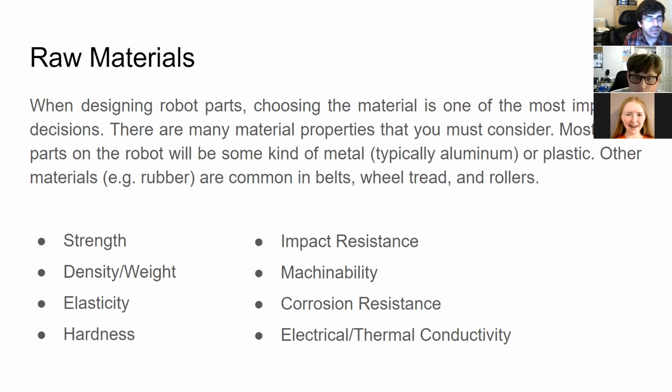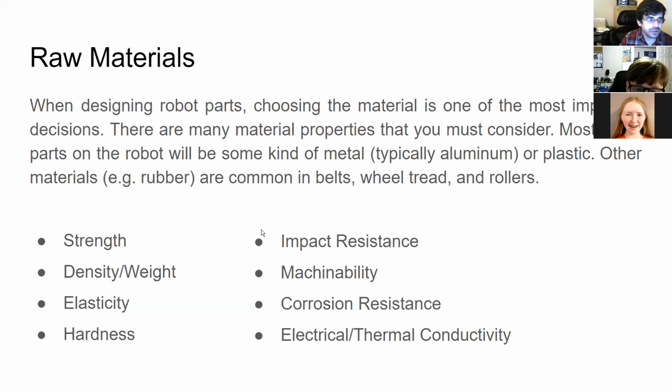But material properties are a thing. We don't really get into that in FRC, but you will if you become a mechanical engineer. You'll have whole courses about it in college. We use a lot of aluminum and plastic.